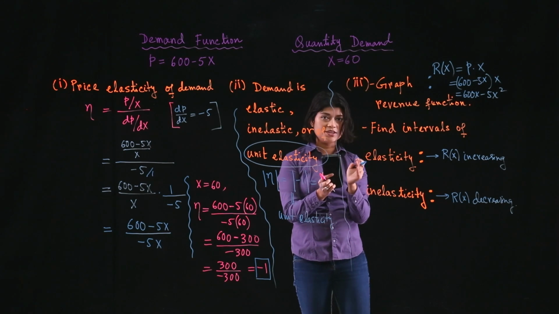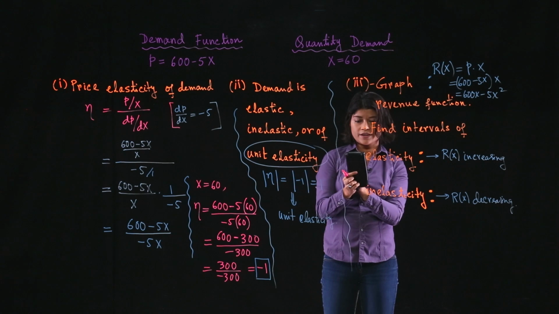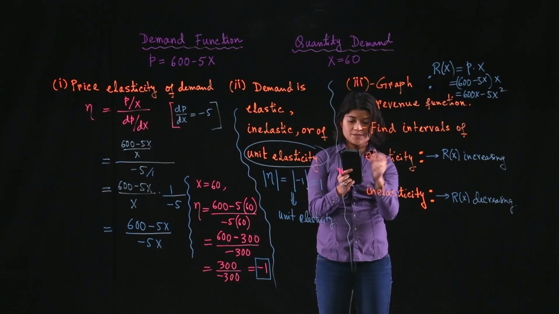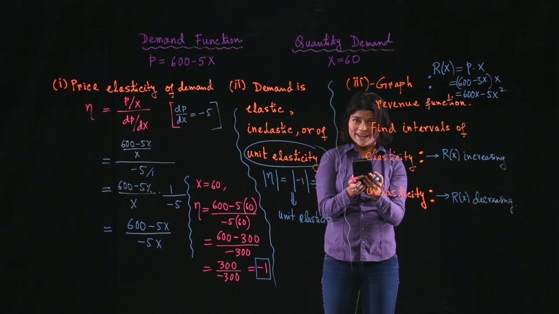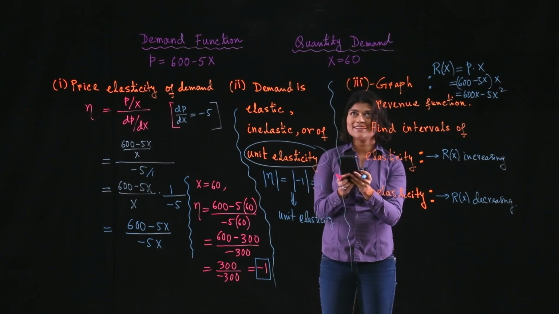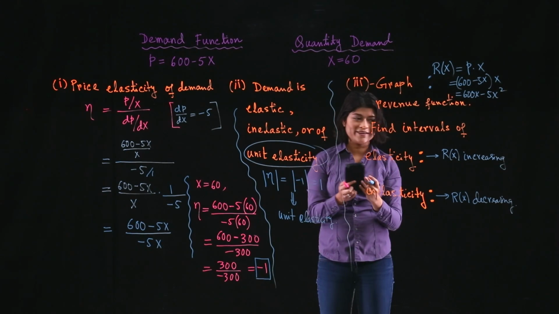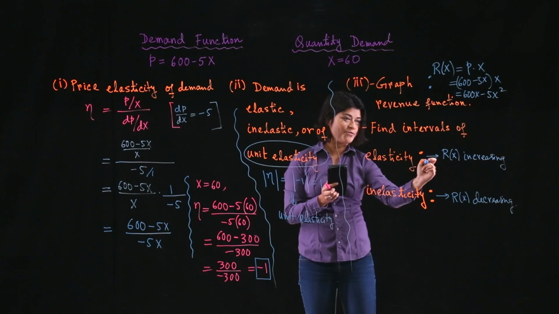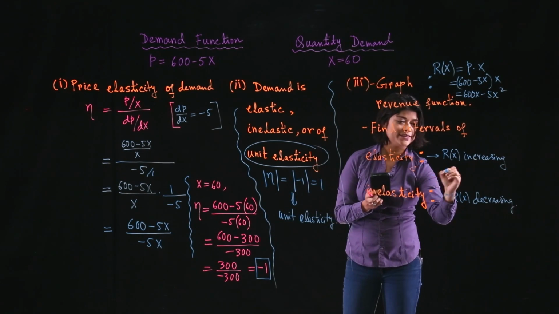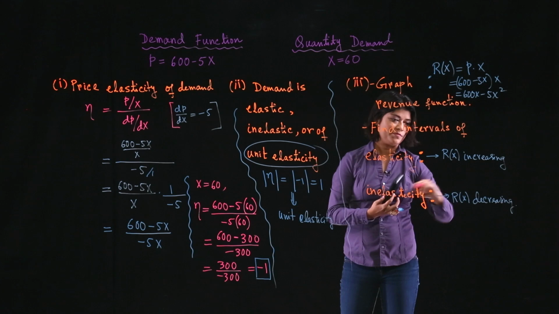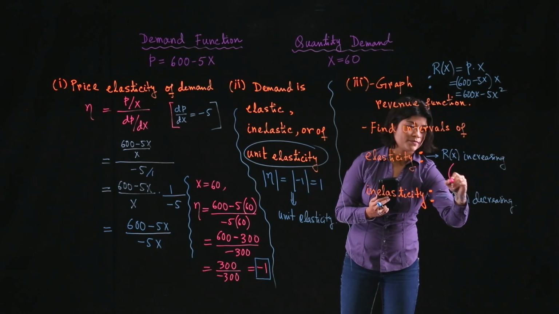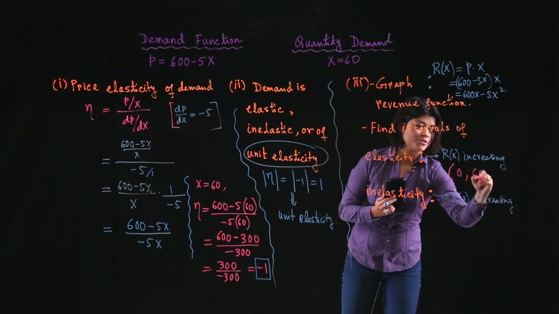All right, now see, where is the revenue increasing? Well, it's increasing starting at 0 till it gets to the maximum point. And where is that maximum? Well, guess what? It's at x equals 60. That's where the function is maximum. Therefore, revenue is increasing between 0 and 60.